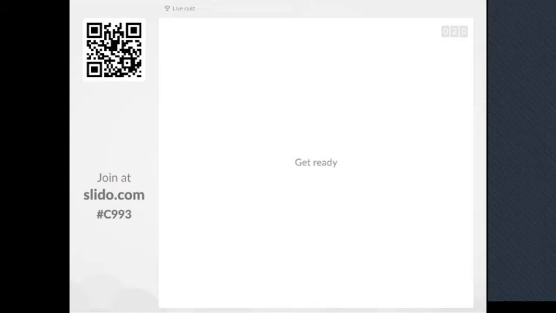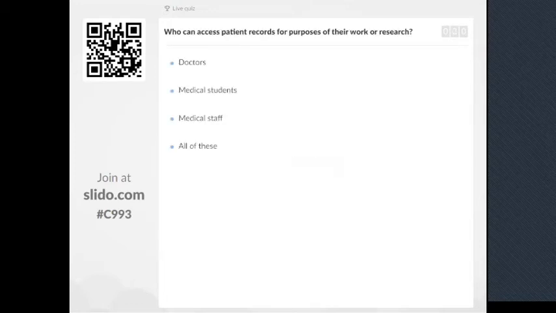All right, so let's have another question before we proceed. So who can access patient records for purposes of their work or research? Doctors, medical students, medical staff, or all of this?